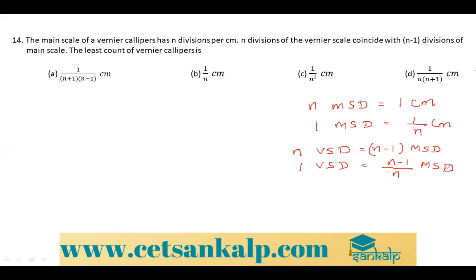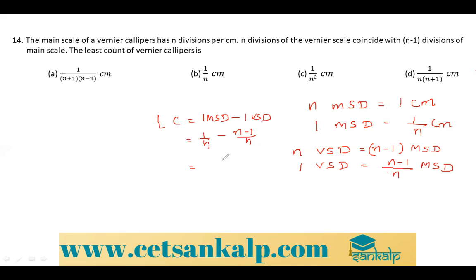Okay, fine. Now what is the least count formula? Least count is equal to 1 MSD minus 1 VSD. What is your MSD? 1 by n. What is your VSD? n minus 1 divided by n.